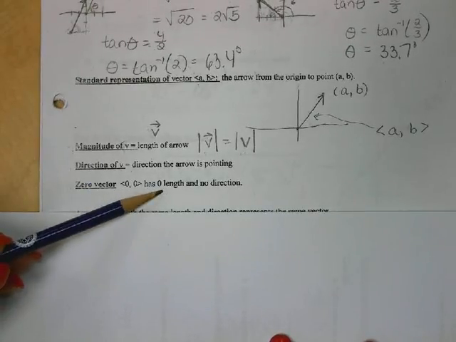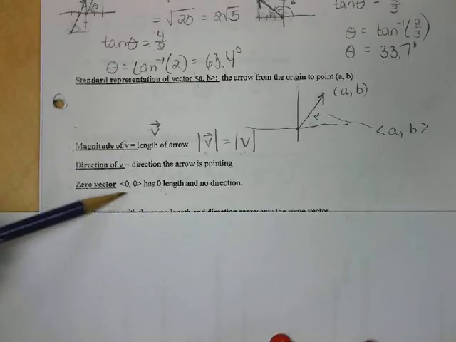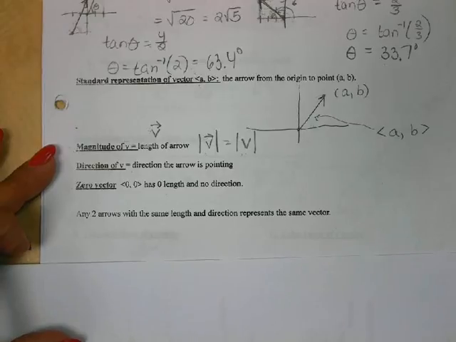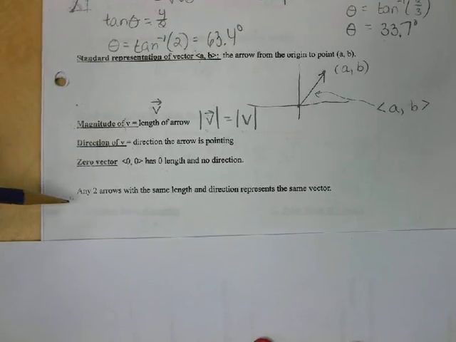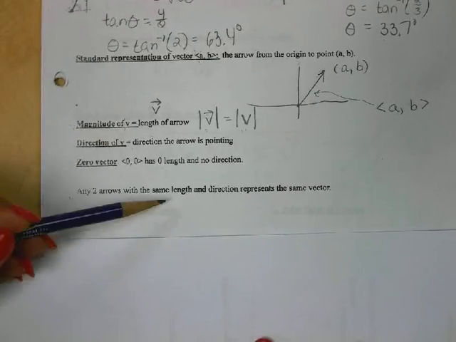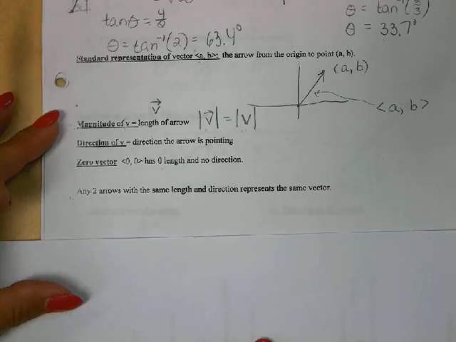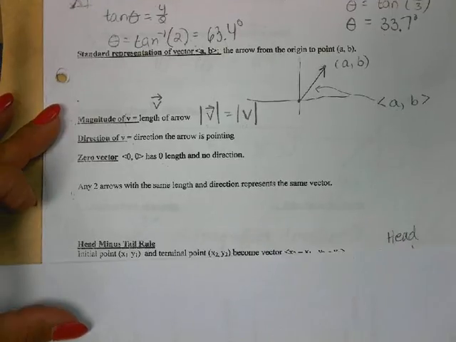As you might expect, a zero vector would be a vector that has a length of 0, therefore wouldn't have any direction, and that would be its notation. Any two arrows or any two vectors that point in the same direction and have the same length would be considered equivalent or the same vector.